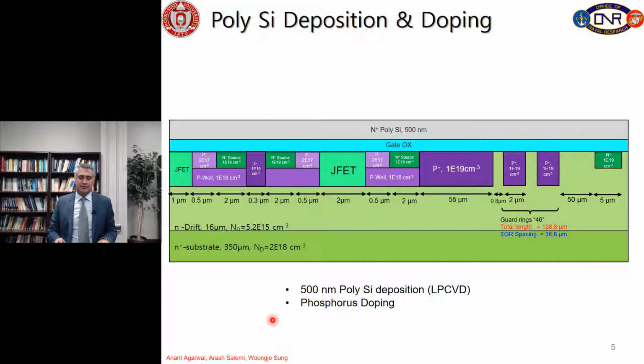After the passivation, we need to grow polysilicon over the oxide. In this case, we can deposit 500 nanometers of polysilicon utilizing LPCVD, low pressure chemical vapor deposition, and then dope it with phosphorus over the oxide.